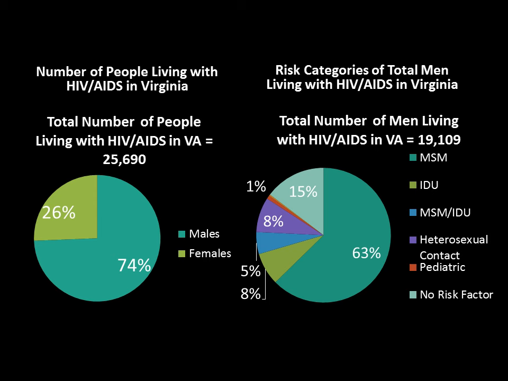So this is just to provide some context. About 3/4 of all people who are living with HIV/AIDS in Virginia are males, 26% are females. And then we looked at men. Of all men that are living with HIV/AIDS, how many of them are MSM? And what we showed was 63%.